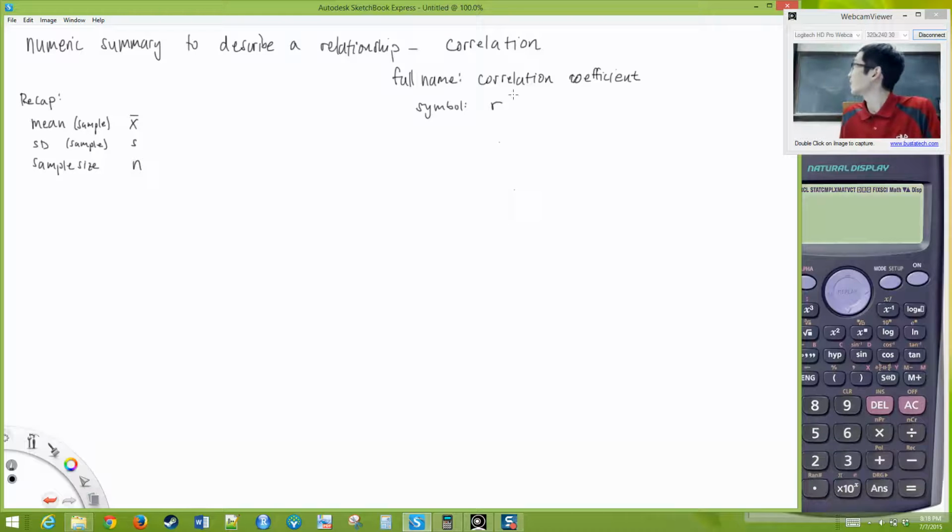Okay, so anyway, correlation, we're going to use R. And R can be any number between -1 and 1, inclusive.